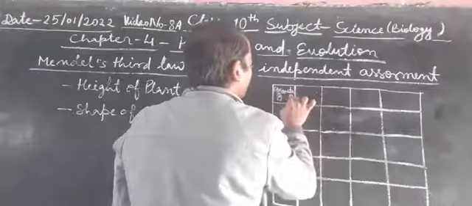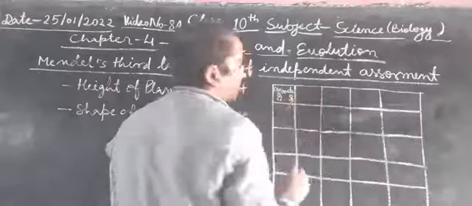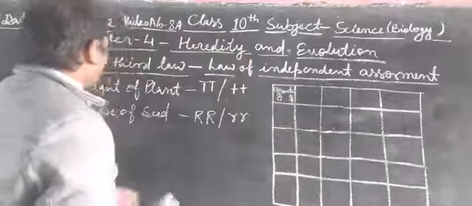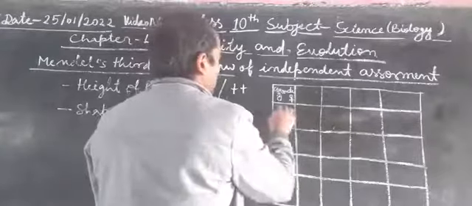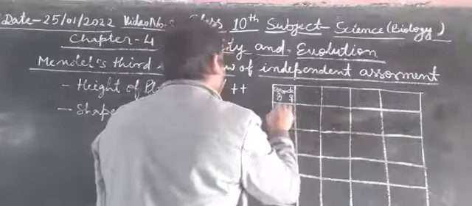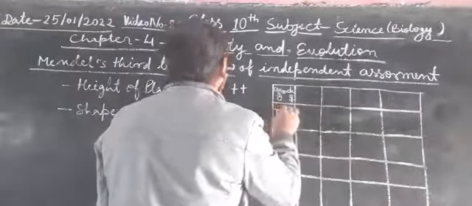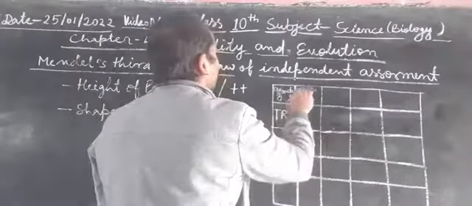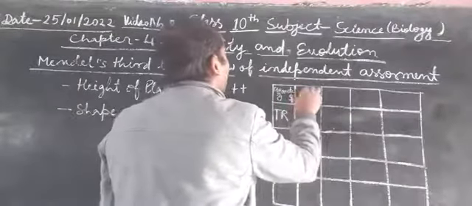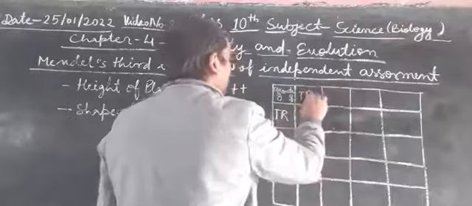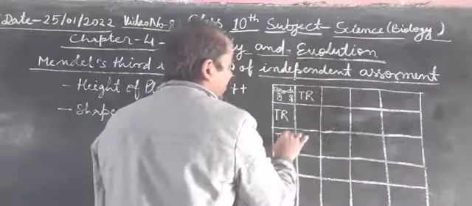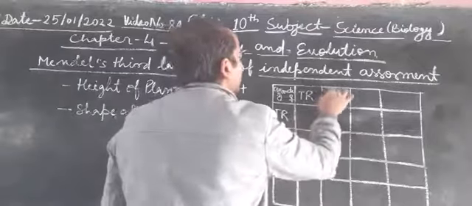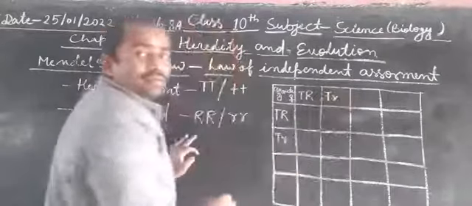Okay, now round tree, tall in size and round shapes. Female is also tall and round, after that tall plant and wrinkled shape, tall, wrinkled.